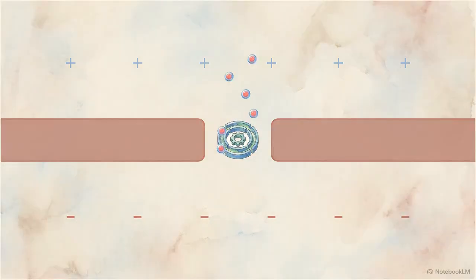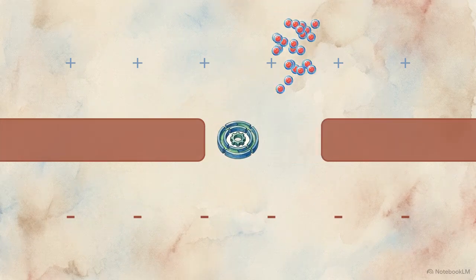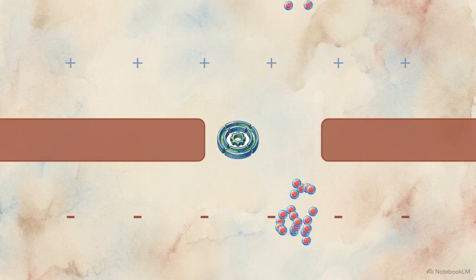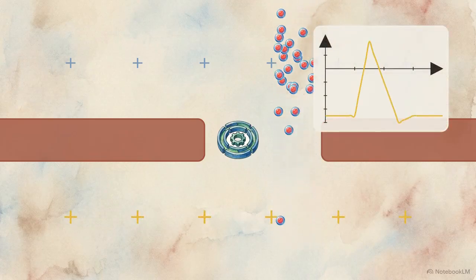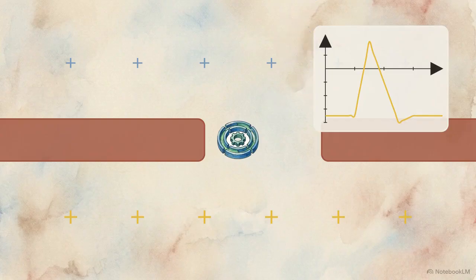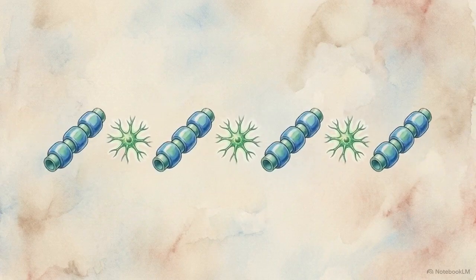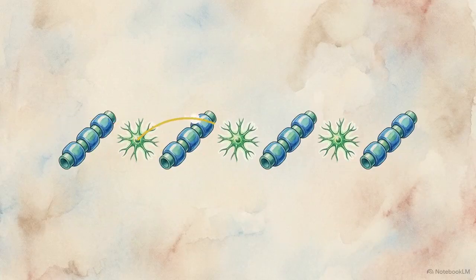When a stimulus hits, the membrane opens. A rapid influx of sodium ions rushes back inside, flipping the charge to positive and creating an electrical spike called an action potential. This spike triggers its neighbor, which triggers the next, sending a self-renewing wave of electricity cascading down the entire length of the axon.